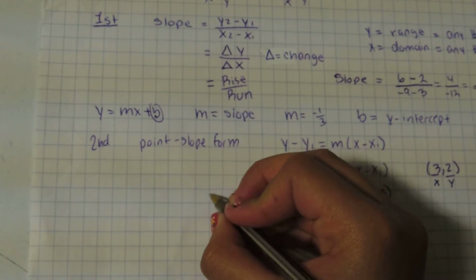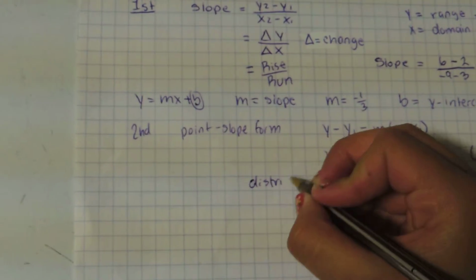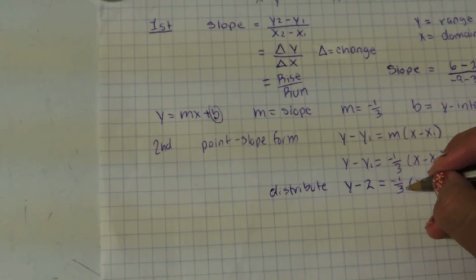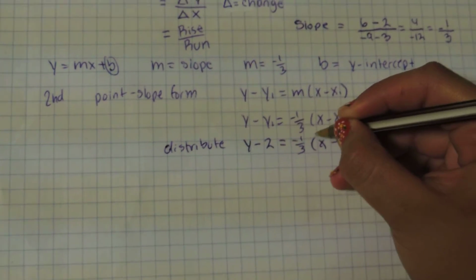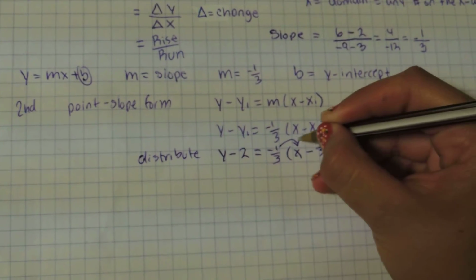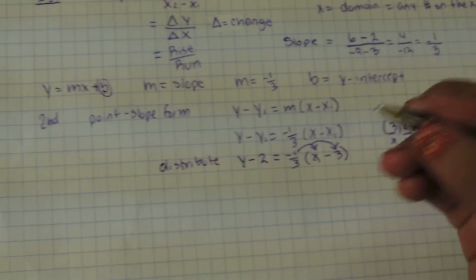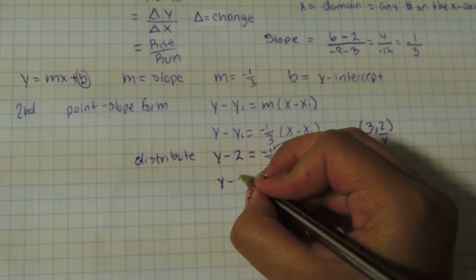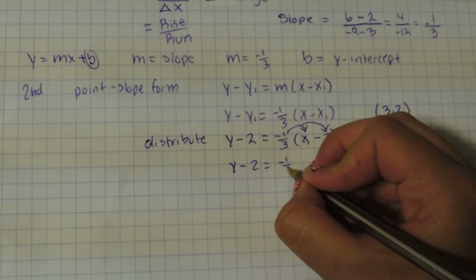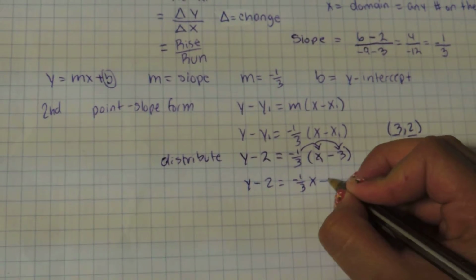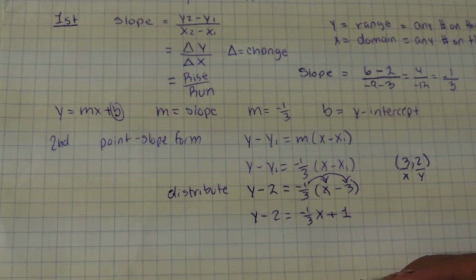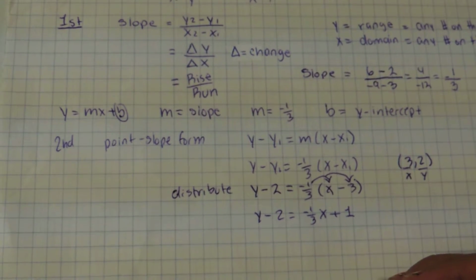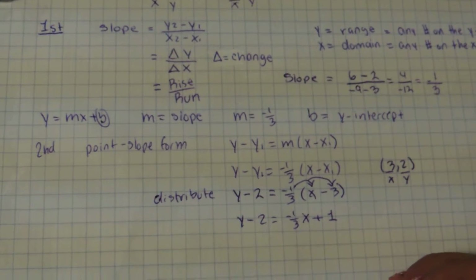Now, first, we have to distribute, which is take that negative 1/3 and distribute it to this x and to this negative 3, which will get y minus 2 equals negative 1/3 x plus 1.